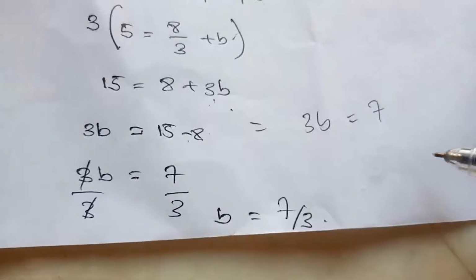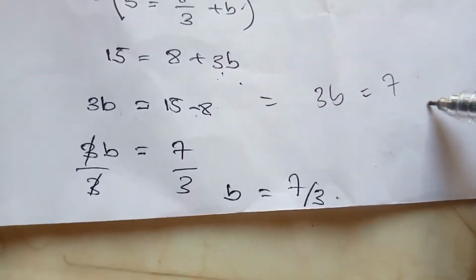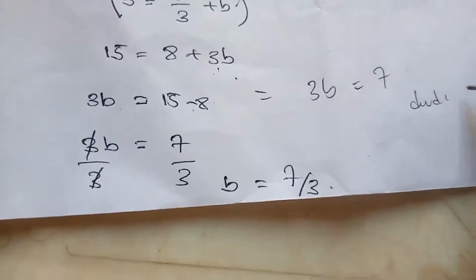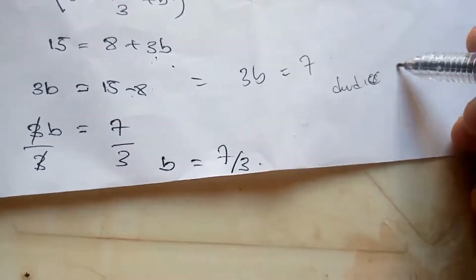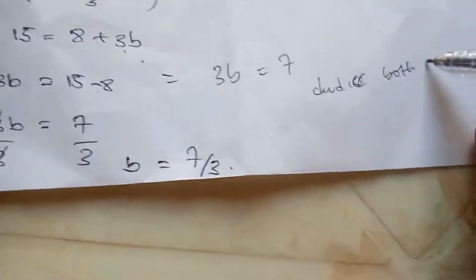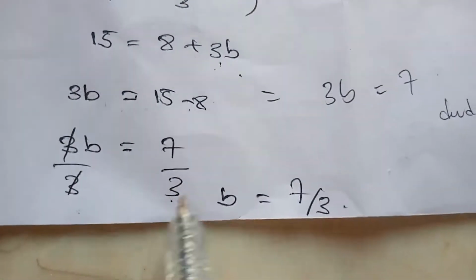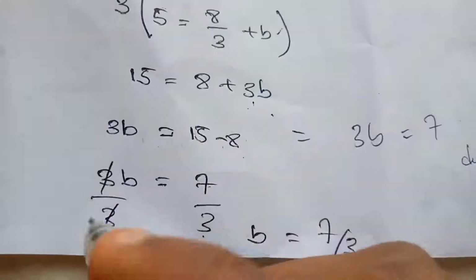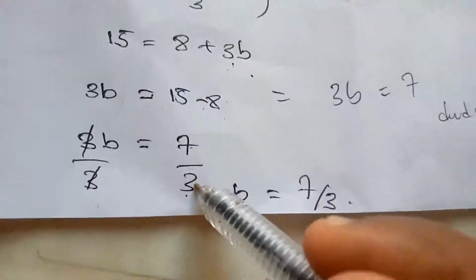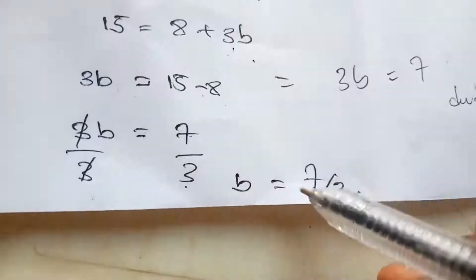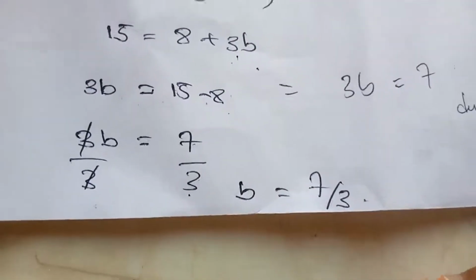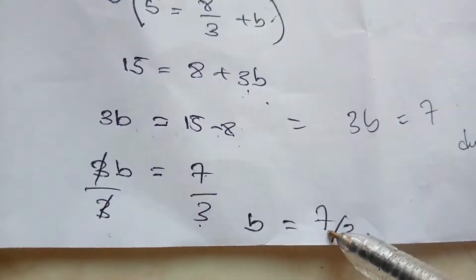Now, to isolate b, I will divide both sides by 3. 3b divided by 3 is b, and 7 divided by 3 gives us 7 over 3. You can't divide this any further. So our b is equal to 7 over 3. I got the answer for our b.